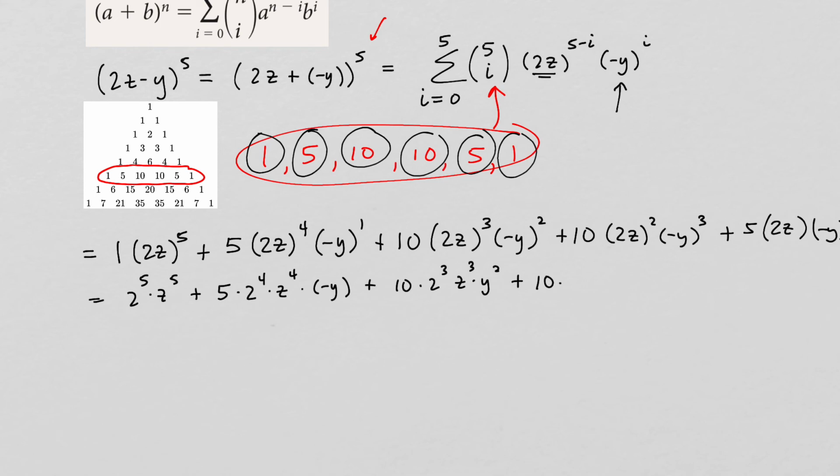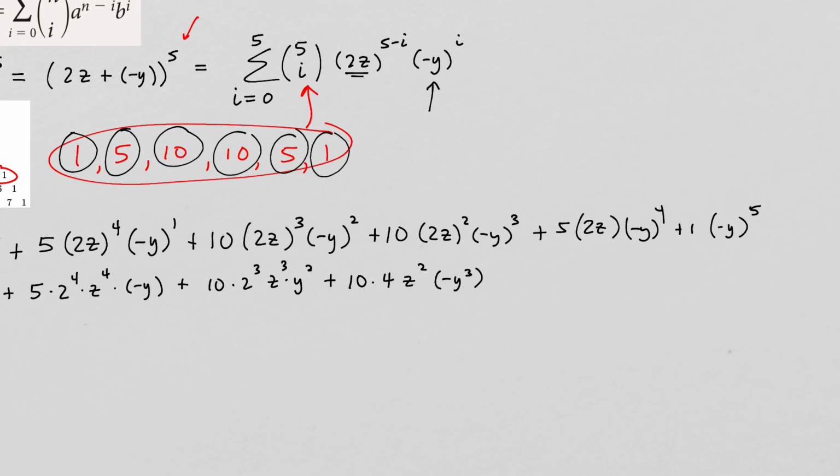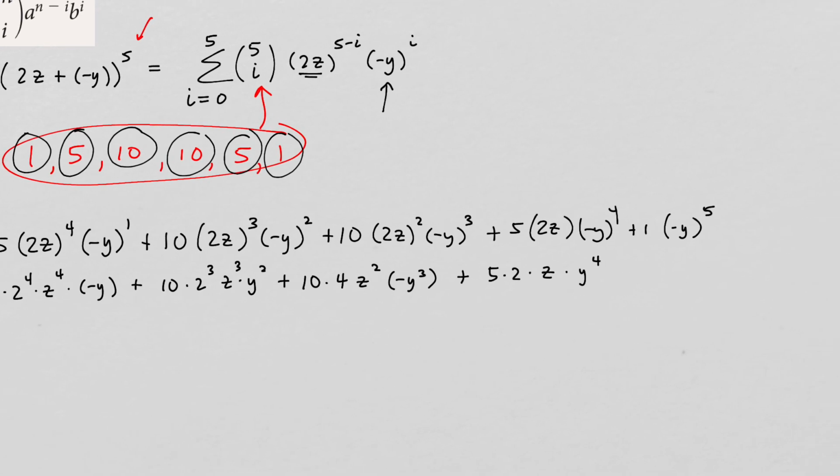Plus, then we have 10 times 2 squared, that's going to be 4z squared. And then we have negative y quantity cubed, that's going to be negative y cubed. Plus, then we have 5 times 2 times z. Negative y to the 4th is y to the 4th. And finally, we have minus y to the 5th. So again, when you raise a negative to an odd power, the negative stays. When you raise a negative to an even power, the negative goes away.